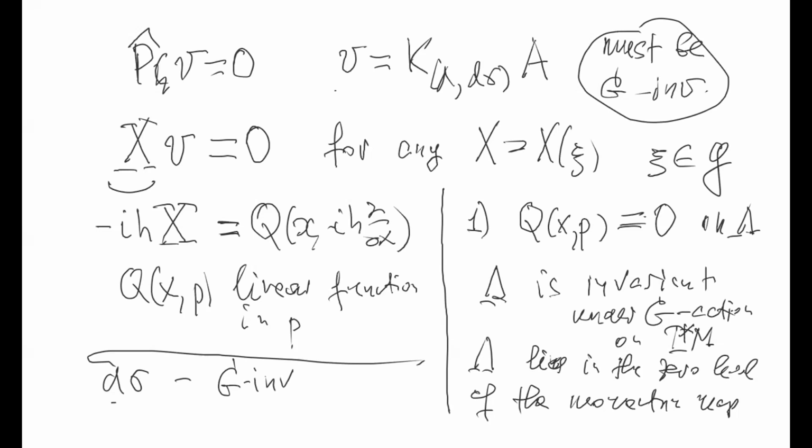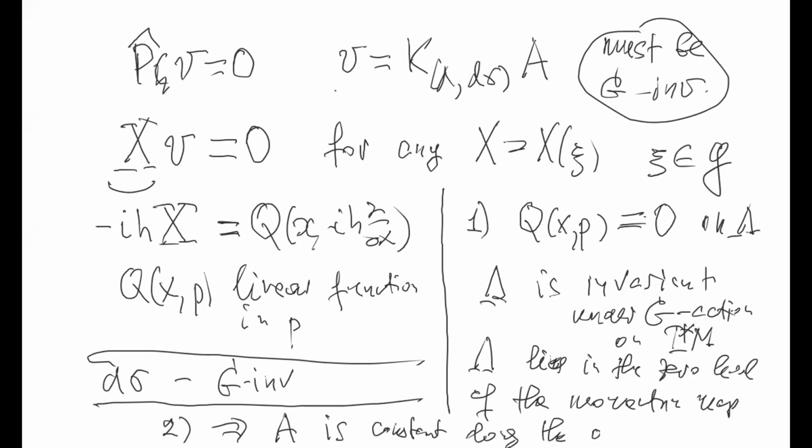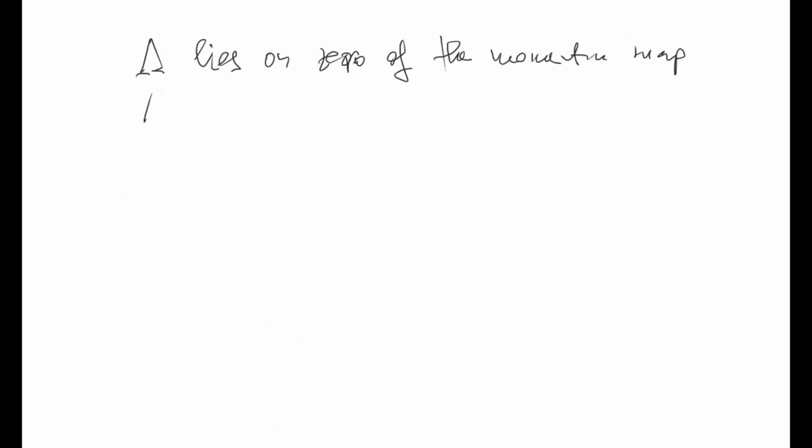Well, and now we apply the second condition, the second commutation formula. Then A is constant along the orbits, constant along the orbits of G. So we have this situation: lambda lies on the zero level of the momentum map, lambda is G invariant, and then that amplitude is constant along the orbits.